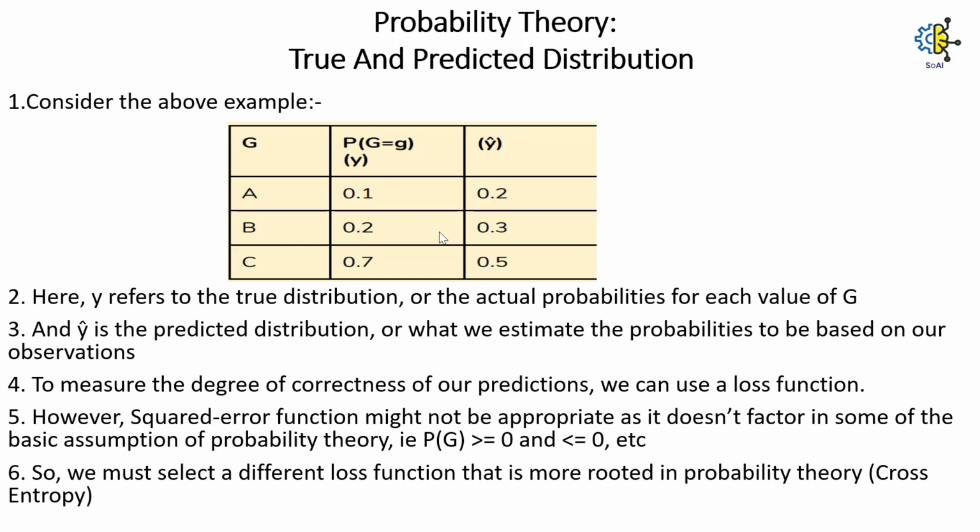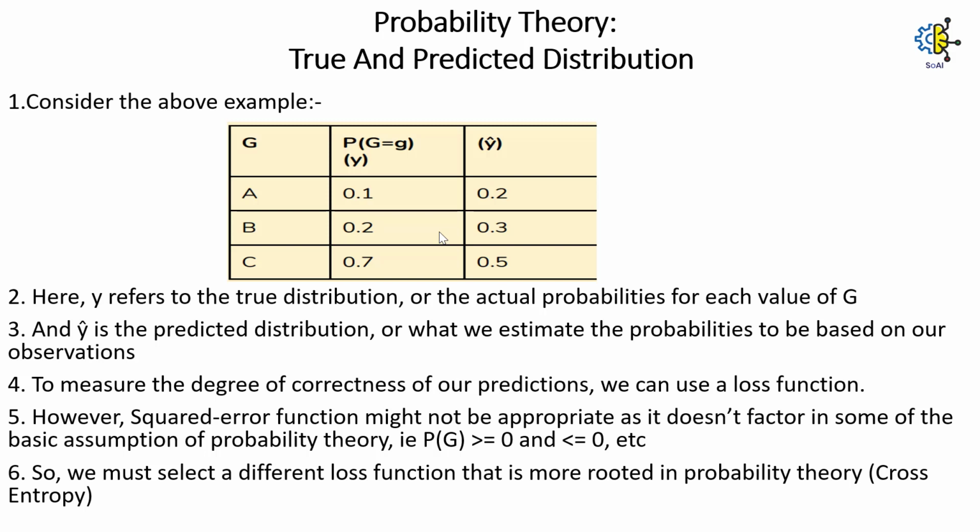Here, y refers to the true distribution, or the actual probabilities of each value of g, and y cap is the predicted distribution, or what we estimate the probabilities to be based on our observations. To measure the degree of correctness of our predictions, we can use a loss function.